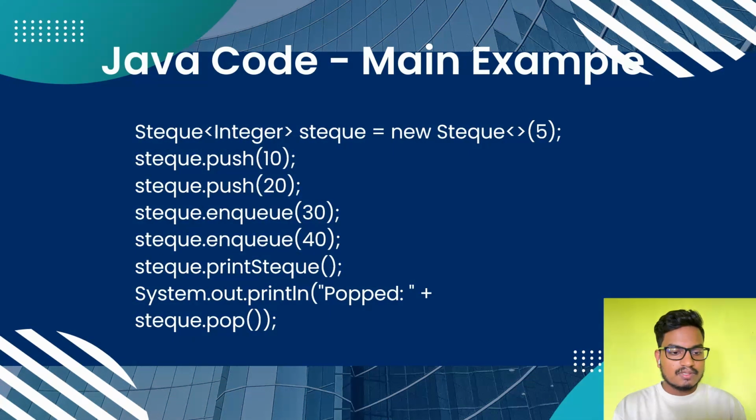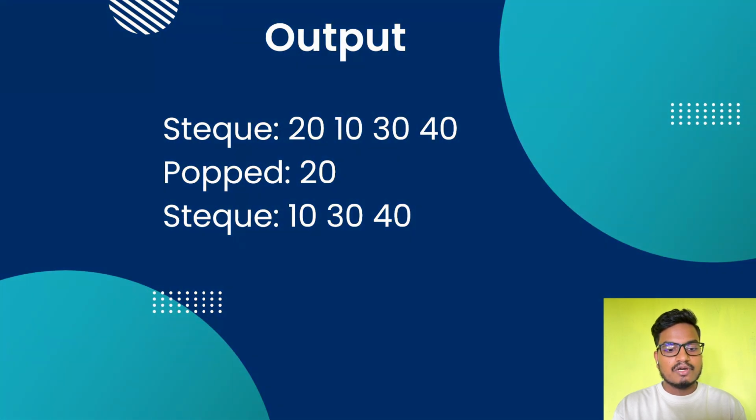First we push 10 and then 20, stack style, last in, first out. Then we enqueue 30 and 40, queue style, first in, first out. When we pop, we remove 20, which was at the front. A great example of how stick combines both behaviors seamlessly.